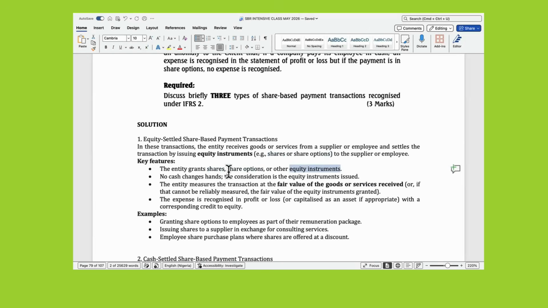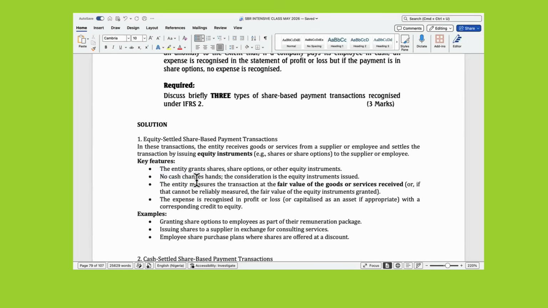But the common ones are shares and share options. But the one you find often in your exam is share options. Another key characteristic is that they don't pay in cash.